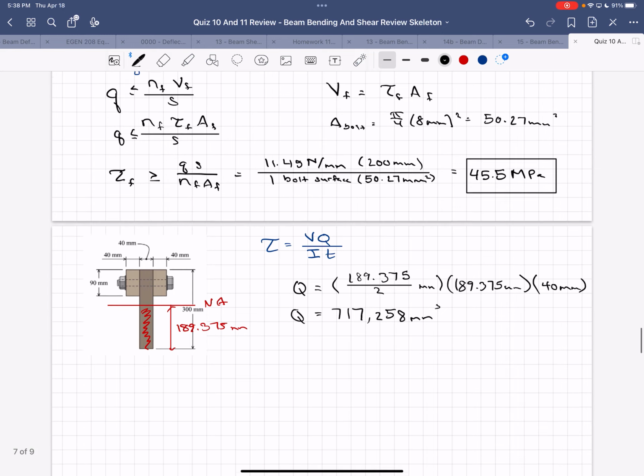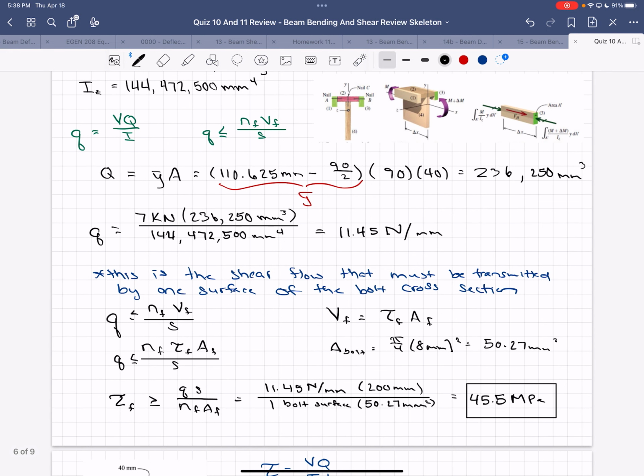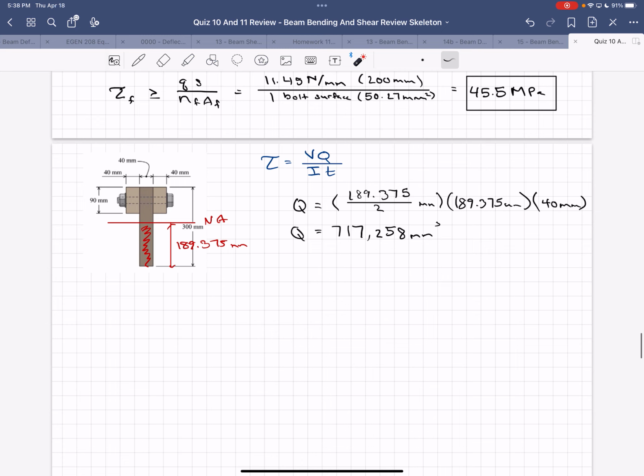That's a big thing, is that this Q is different than this Q, right? Different. So make sure you change those. Okay, so then we plug things in.